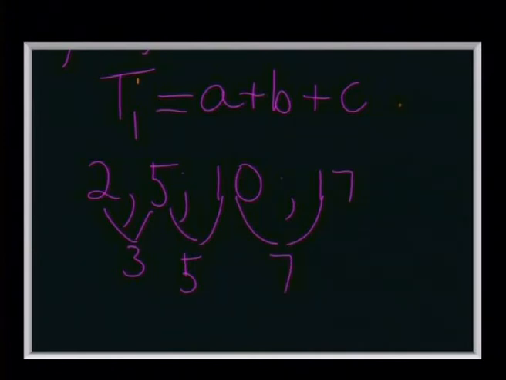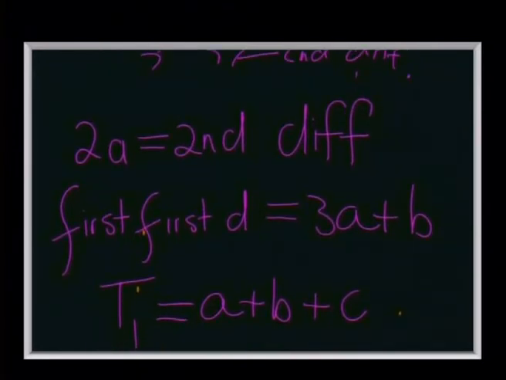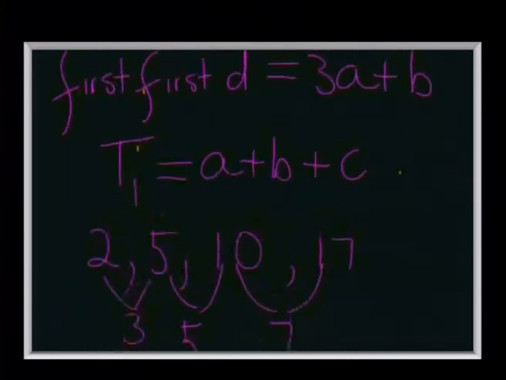Now if you're using this formula, you'll calculate your second difference, which is 2, and you'll say, 2a is equal to the second difference. So what does that mean? It means 2a is 2, so a is 1. So that's what you've found so far.